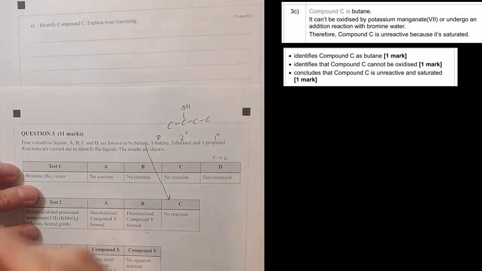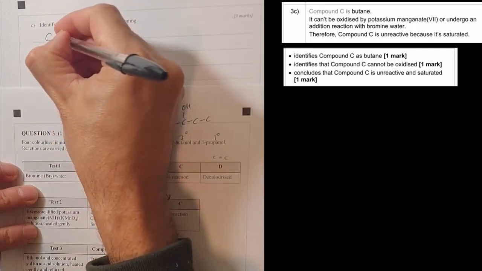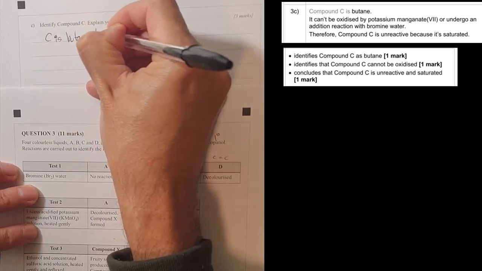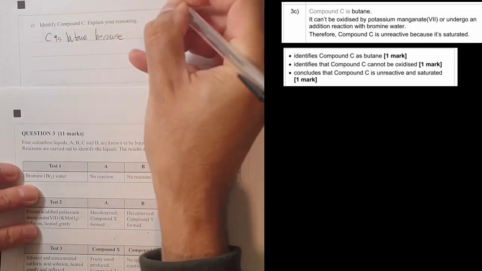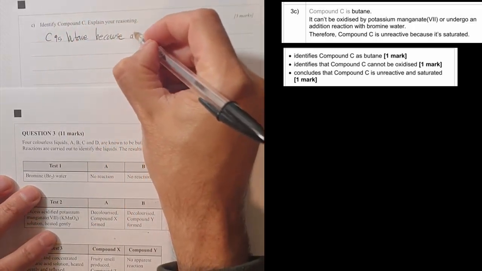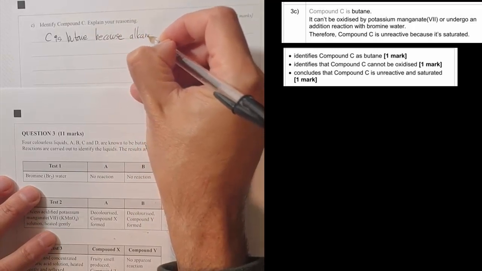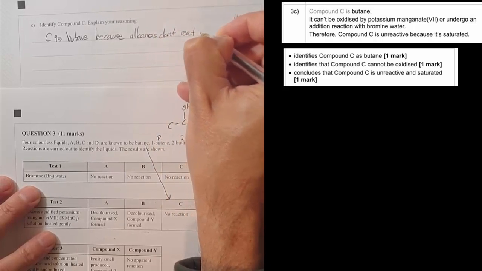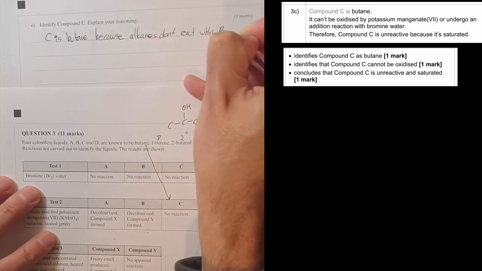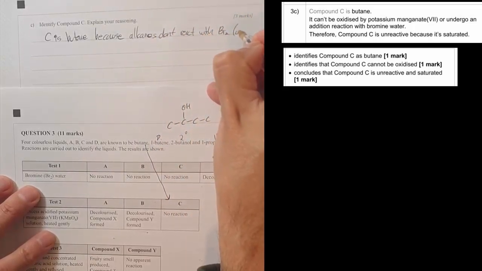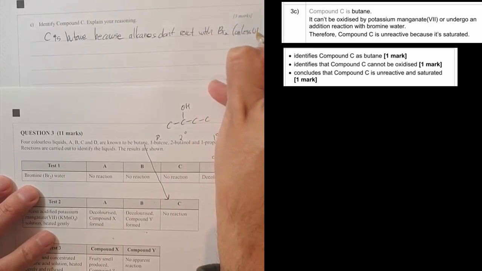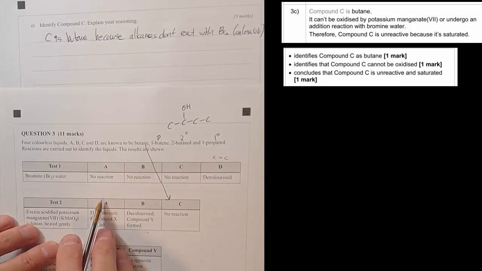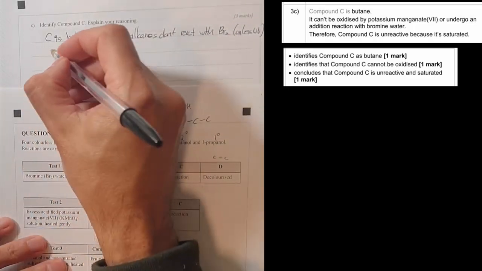I'll just start off with C is butane, because alkanes don't react with bromine unless UV, in test 1.